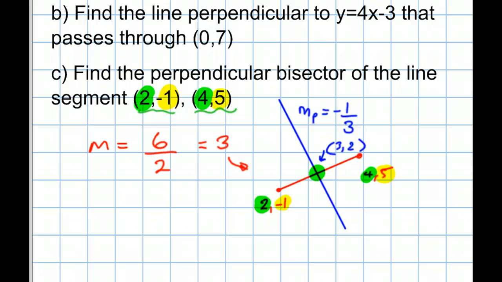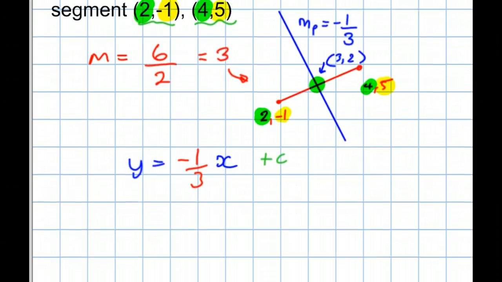So my straight line passes through the point 3, 2. So the equation of my line is y equals minus 1/3 x plus c. Now, all I have to do, and this is probably going to be towards the end of the exam paper I imagine, is substitute in the values that when x is 3, y equals 2.